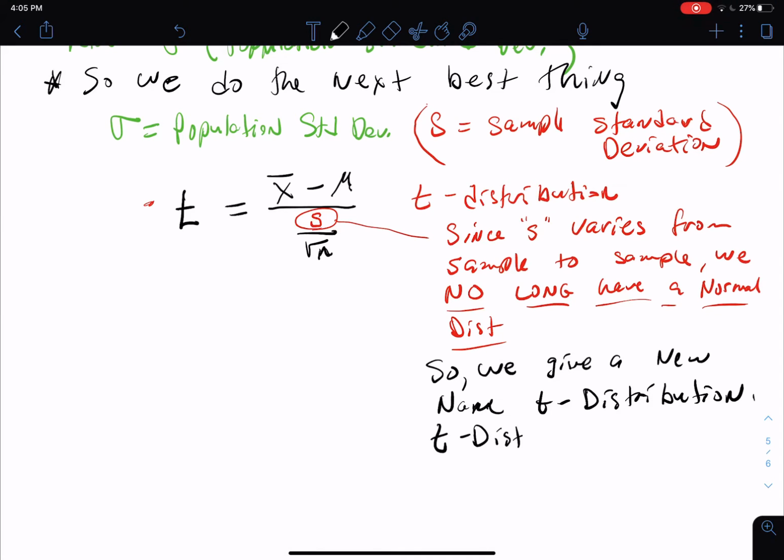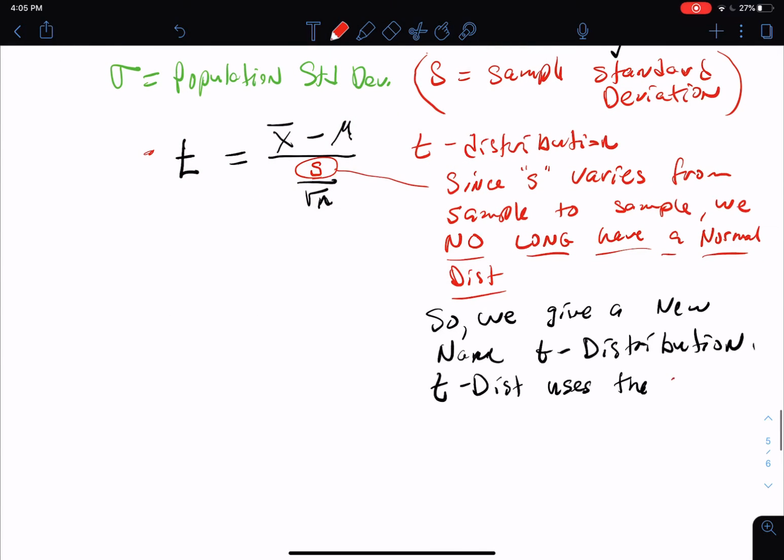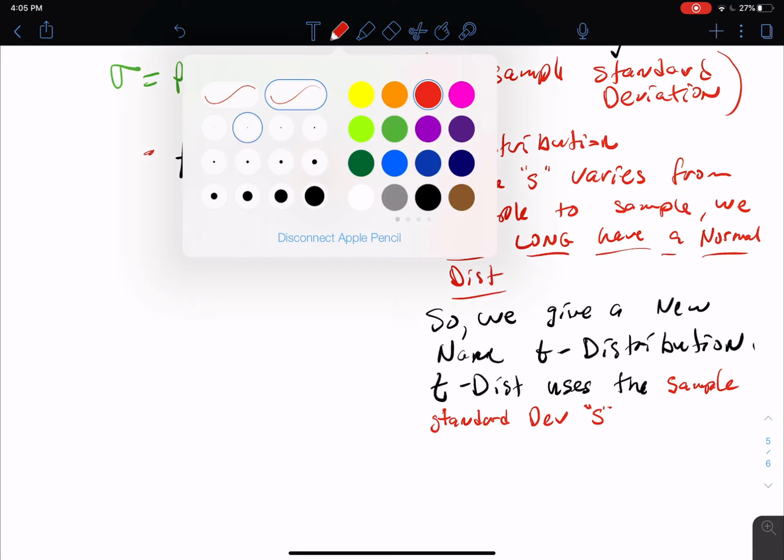The t-distribution uses the sample standard deviation s, so it has a greater variance.